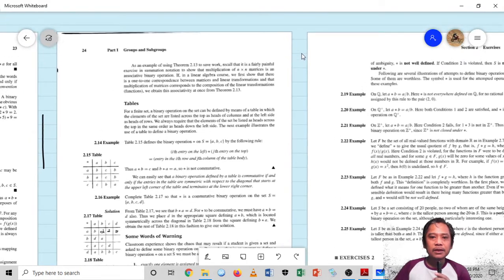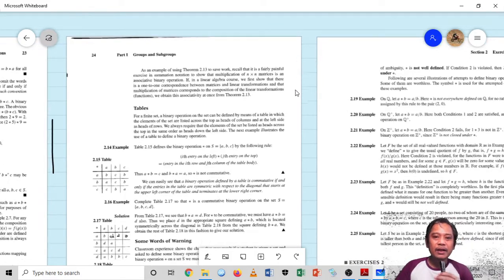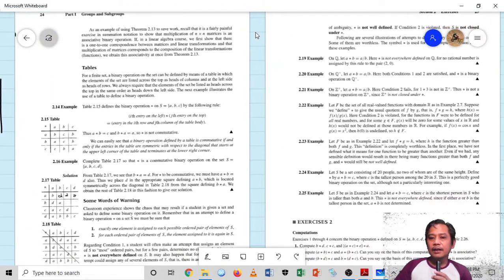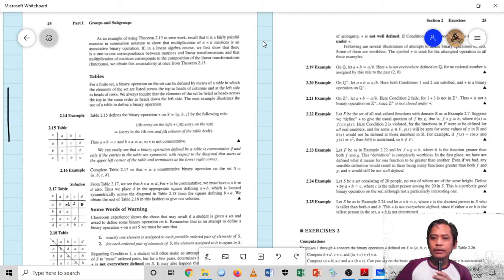If one triple does not give the same answer when we regroup, then the whole operation defined in the table is not associative.